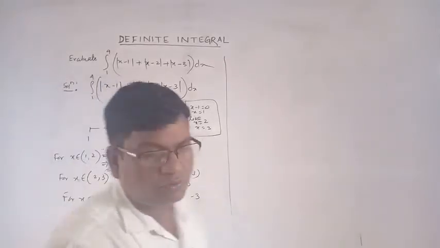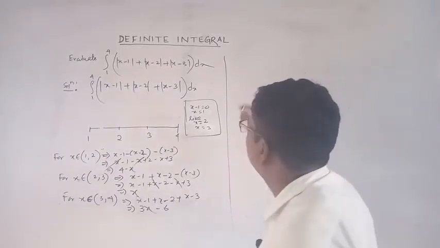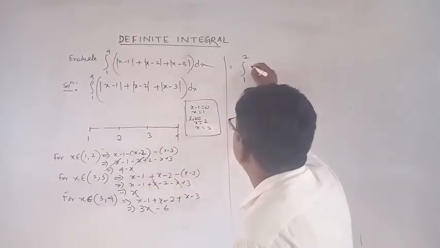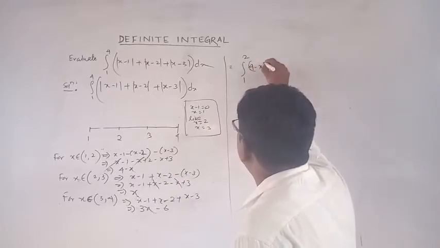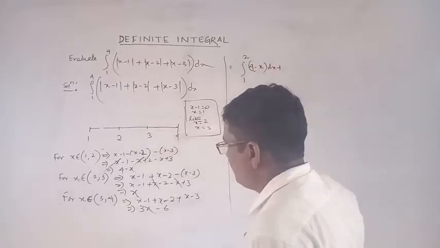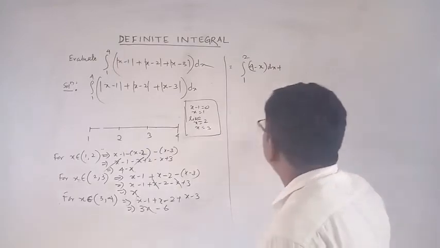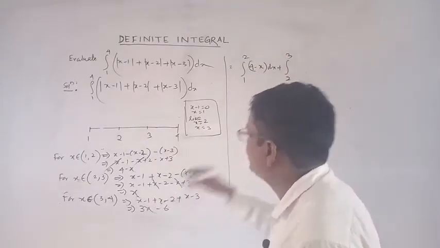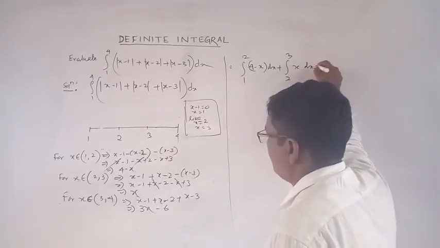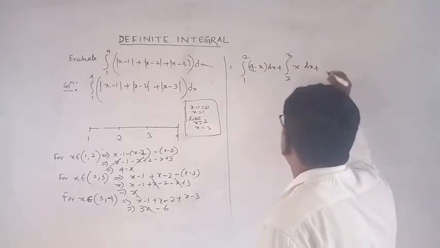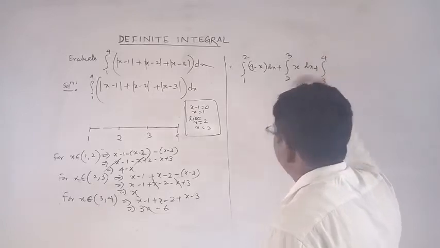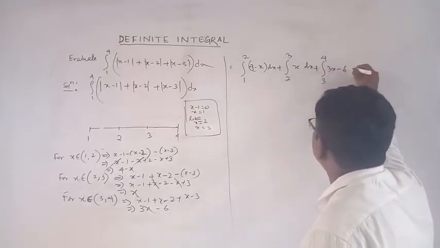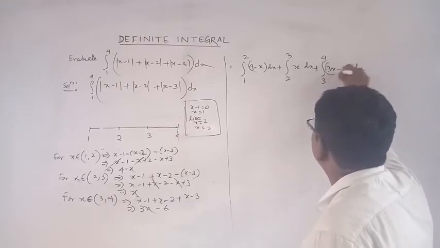Now the integral is the integral from 1 to 2 of (4 − x) dx, plus the integral from 2 to 3 of x dx, plus the integral from 3 to 4 of (3x − 6) dx.